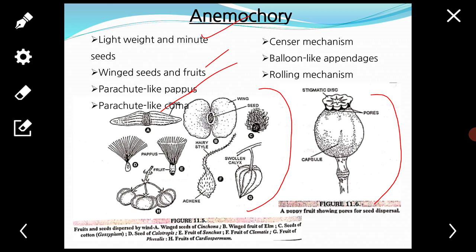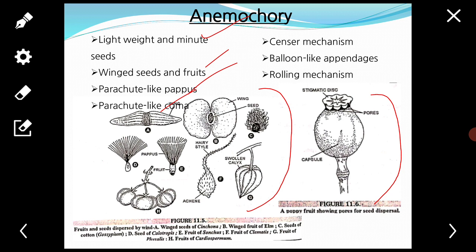The seeds develop tufts of hairs which help them to float in air as the parachute. Example, Calotropis, Alstonia, etc.